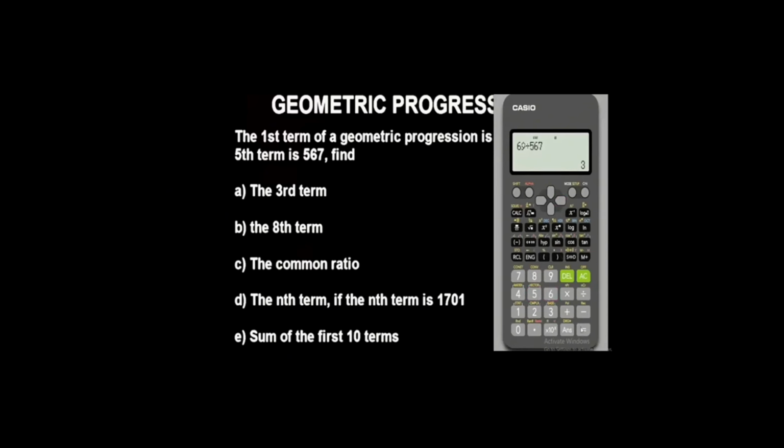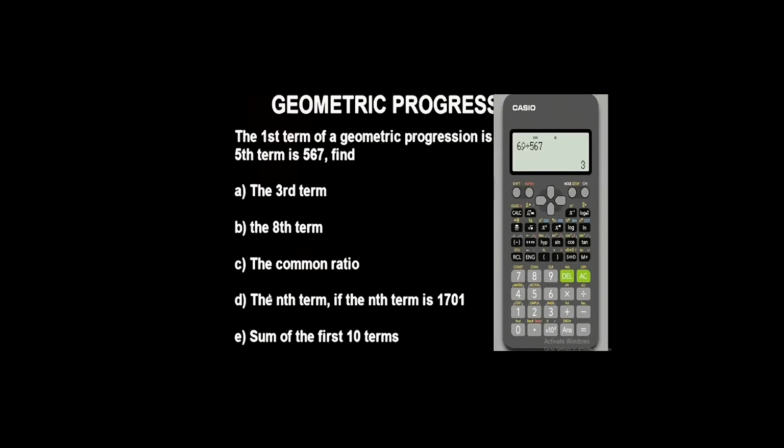Let's press equal. 3. So it's as simple as this, guys. This is the procedure you're going to follow to find common ratios. You take the value in front of the particular term you want to use, divided by the value of that particular term in the question. So that's the idea, guys.